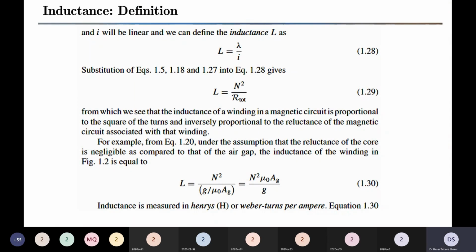So the inductance is a function of the number of turns of the coil and the reluctance of the magnetic path. ये आपने इक्वेशन नंबर 1.29 इसको आपने कभी नहीं भूलना.